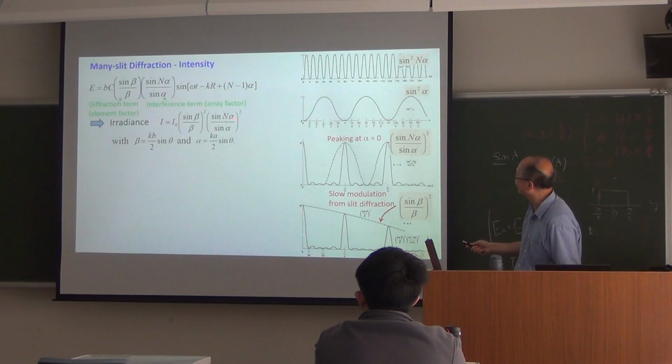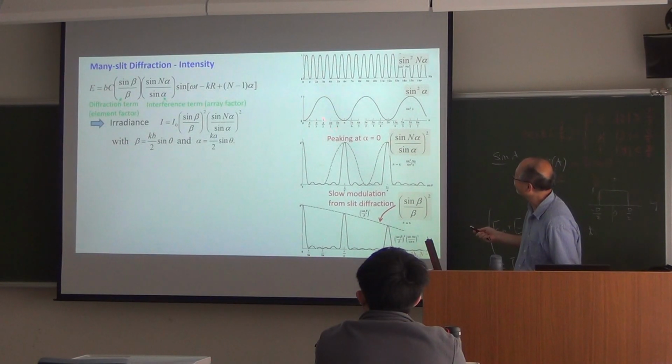And what is this term? This term is a fast oscillation term divided by a slow variation term. And then you select some peak when this is 0 divided by 0. You get this peak. And this sinc function, wow, it just gives you an envelope like this.